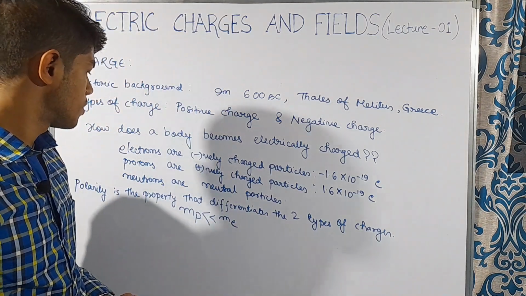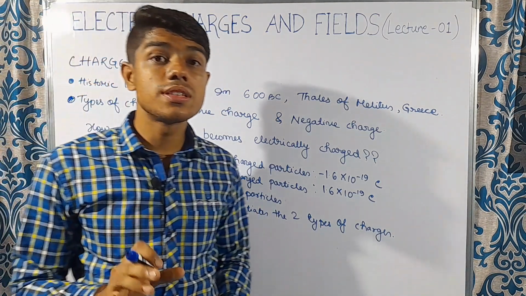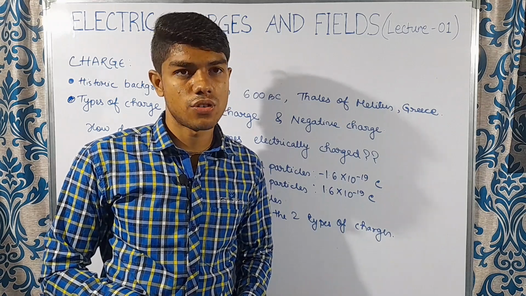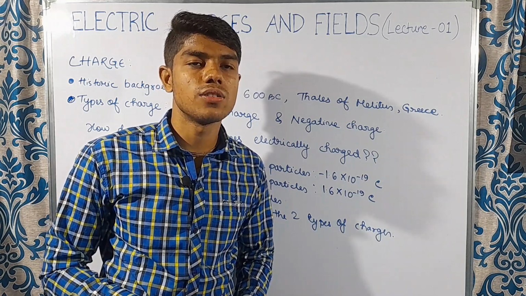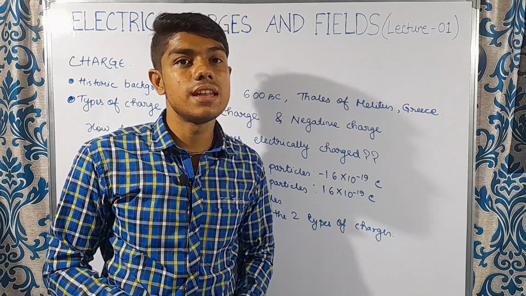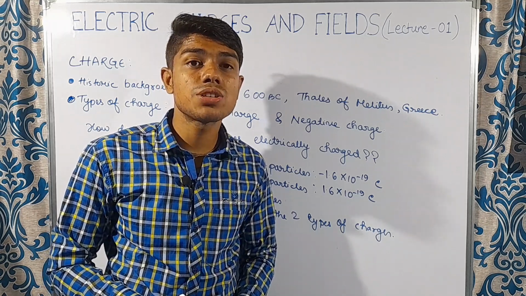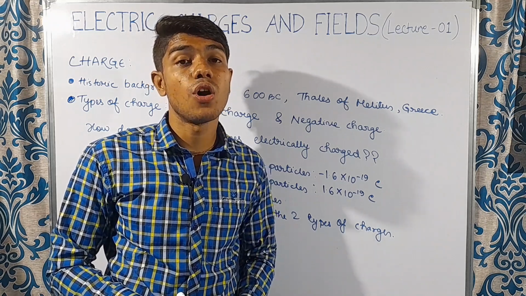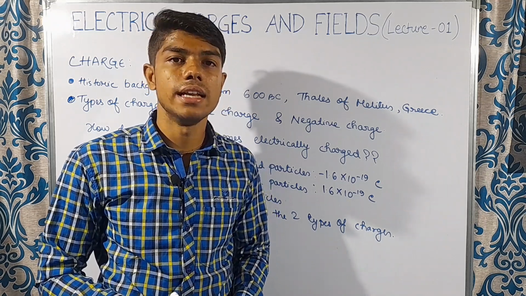But the electrons, and more precisely the valence electrons or the loosely bound electrons in the outermost shell of an atom, can be easily removed by the application of suitable energy called the work function of that electron.